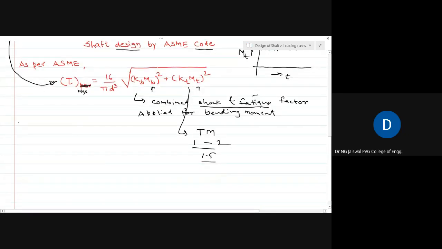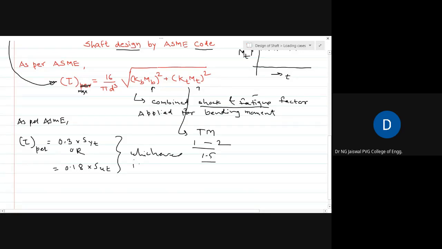Now, again, as per ASME, this is one equation which we are seeing now. The second equation as per ASME is tau permissible. Tau permissible is equal to 0.3 of SYT or equal to 0.18 of SUT, whichever is minimum.